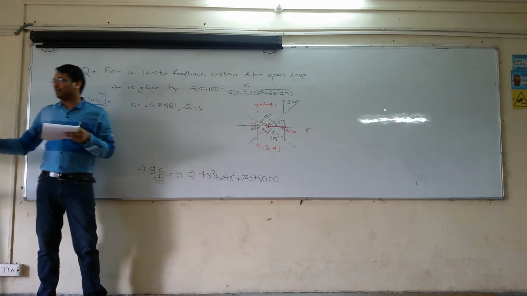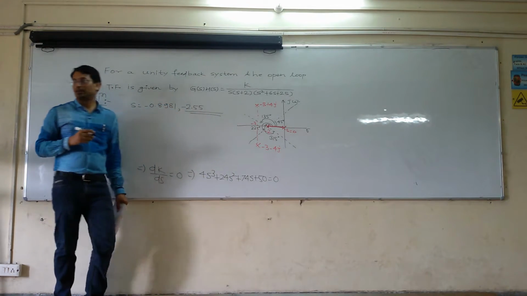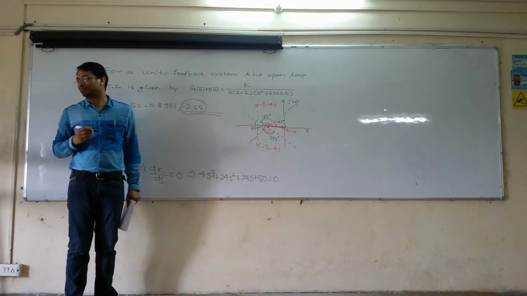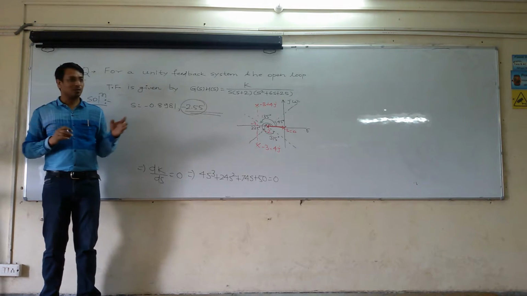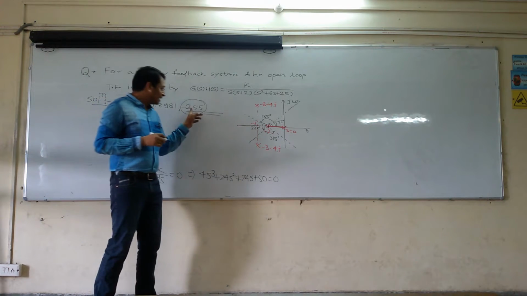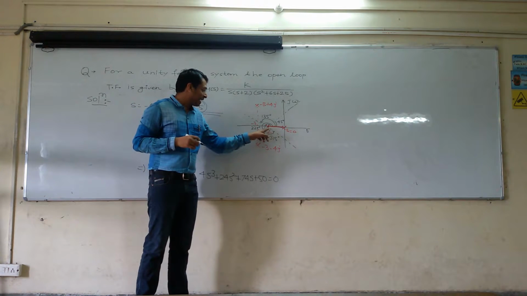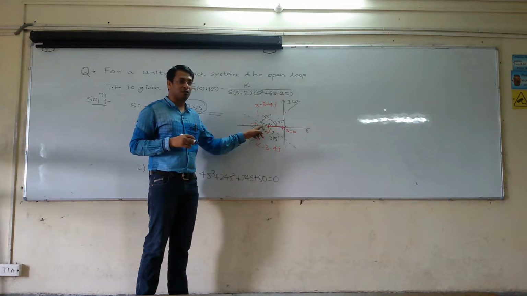Whatever it may be, it has a real part of minus 2.55, and I am not going to investigate further. Even if it is real, it lies beyond this end, because this is the position of minus 2. So minus 2.55 will be somewhere outside this zone.